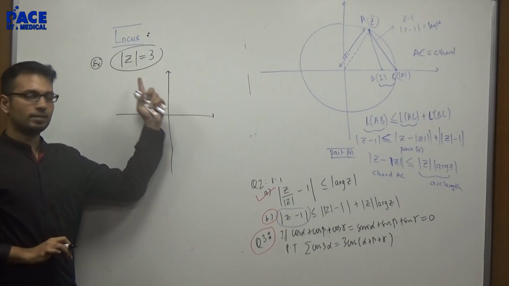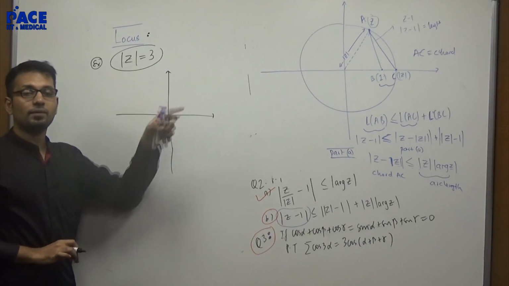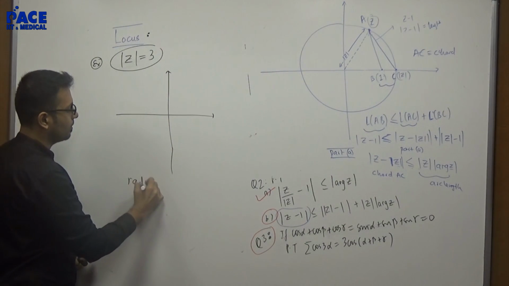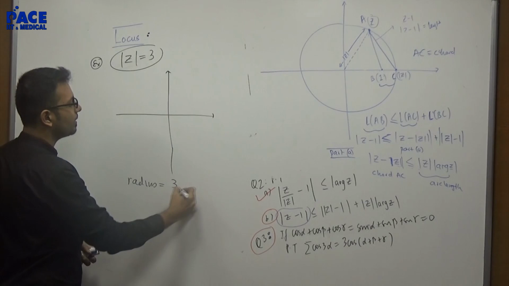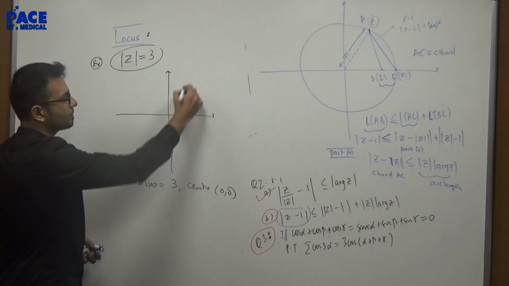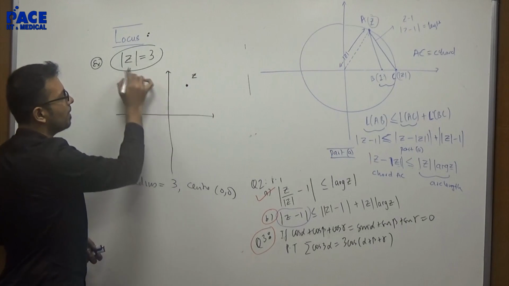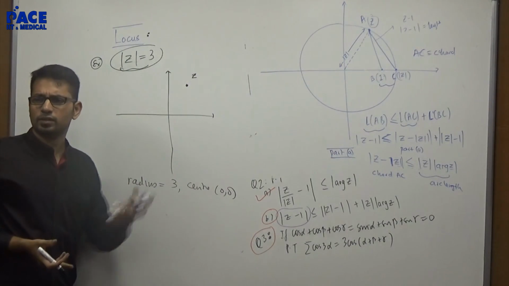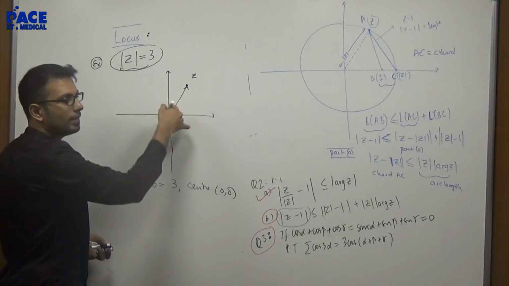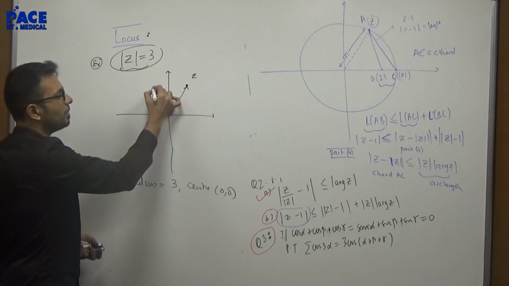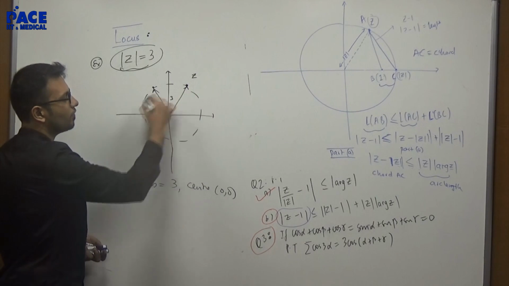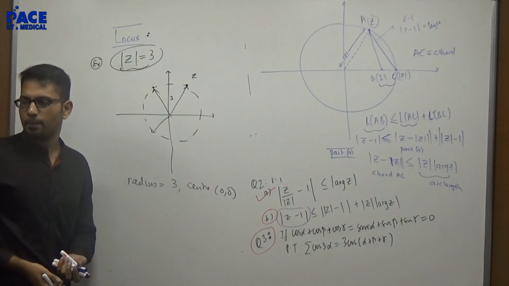If this is the condition on z, z will lie on a circle of radius 3 and center origin. Now why is that? देखो, modulus क्या होता है? Distance from origin ना? So if the distance from the origin is 3, तो वो point तो कहीं भी आ सकता है, इधर कहीं भी हो सकता है. So all these set of points will form a circle of radius 3.